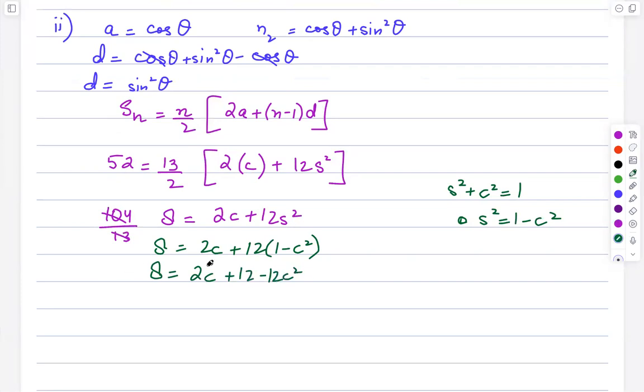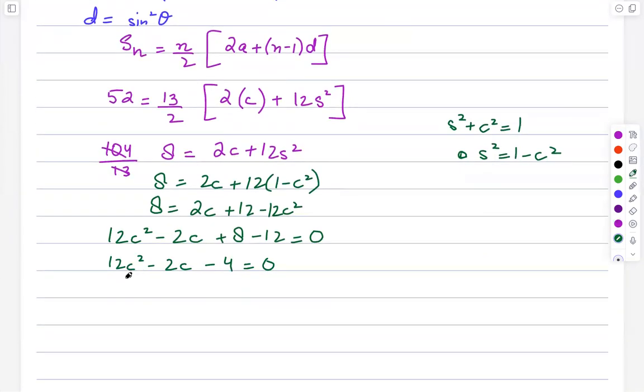Now taking the 12 cos squared to make it positive, this equation will become 12 cos squared minus 2 cos plus 8 minus 12 equals 0. Simplifying, we'll get 12 cos squared minus 2 cos minus 4 equals 0. We can divide this equation by 2 to write it as 6 cos squared minus cos minus 2 equals 0.